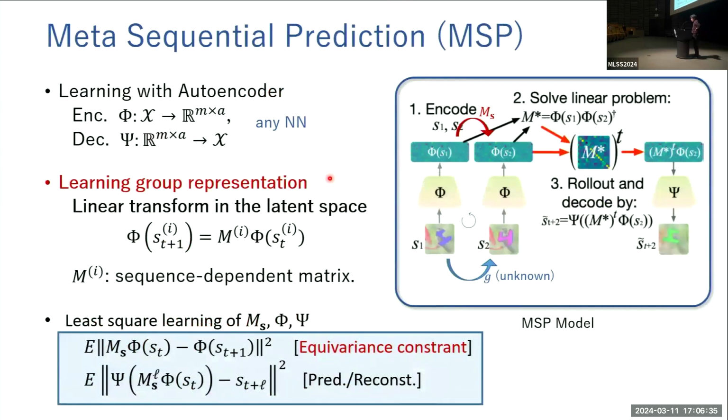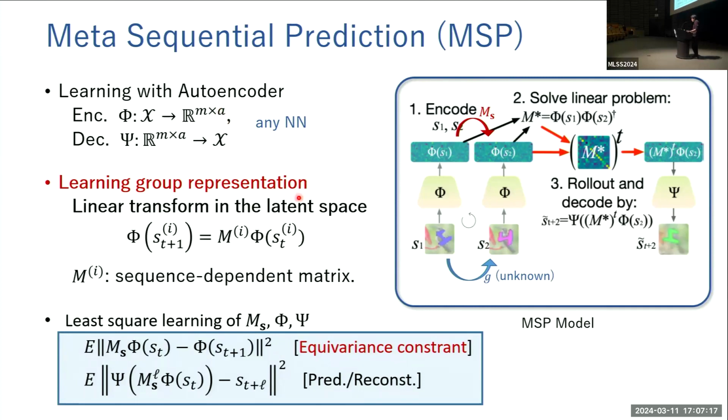Basically, our approach is to consider the autoencoder as a popular method of representation learning. The latent space extracts the useful information. And we have an encoder and decoder for each time slice. They are realized by neural networks, but we may not use an equivariant neural network. We can use an arbitrary neural network, which may not be group equivariant.